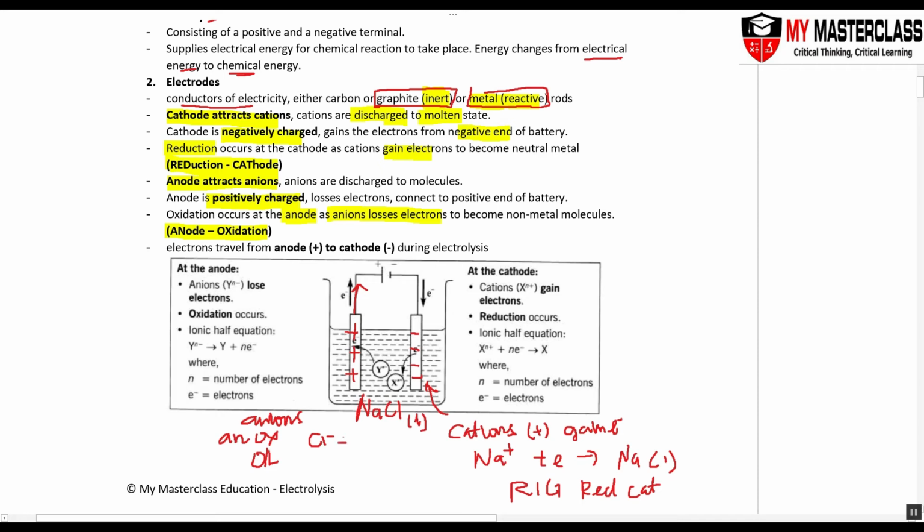Cl minus will form Cl2 naturally. How do they form Cl2 neutral from the minus? They will lose electrons, so electrons appear on the right side of the equation. Oxidation is loss. Oxidation takes place at the anode because an ox, red cat.